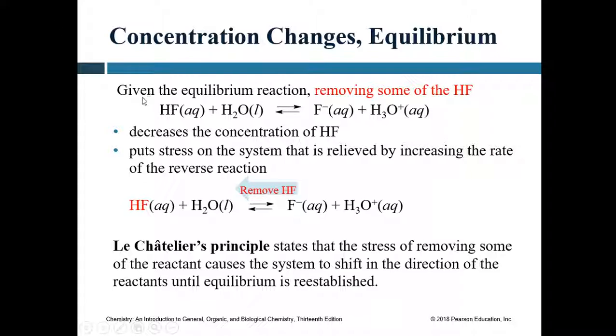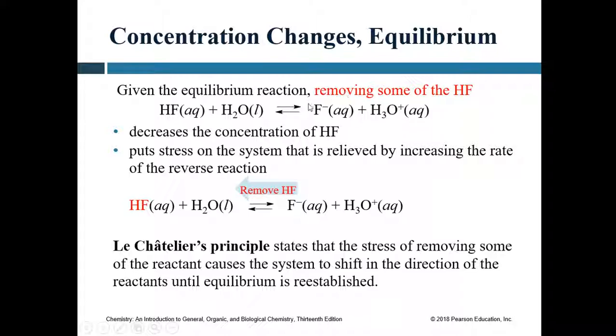Now, what if we had taken away some of this HF? Let's put your hand there and hide it. Well, if you don't have enough there, this product side is going to react and produce more of it because it needs to establish the equilibrium.